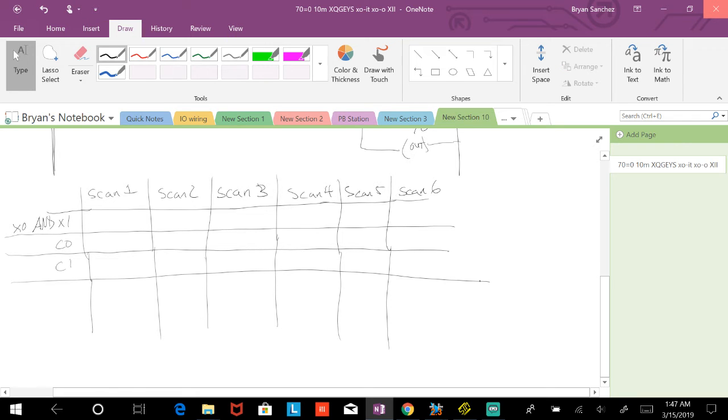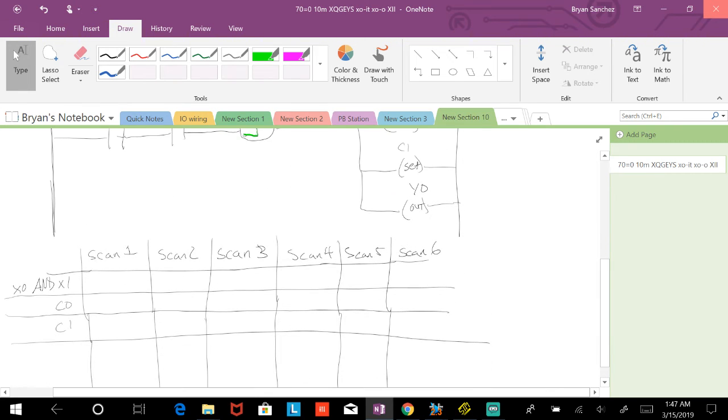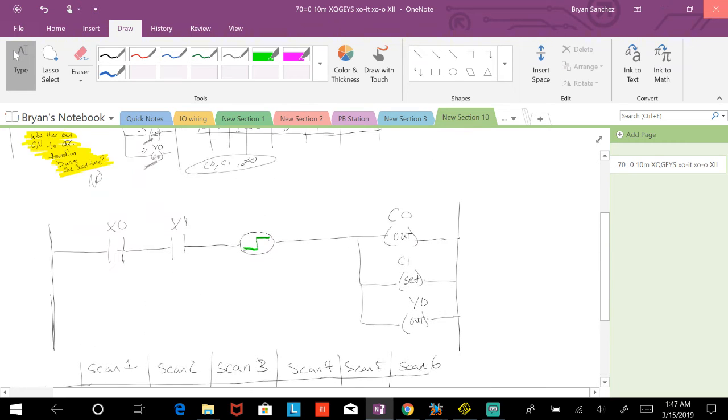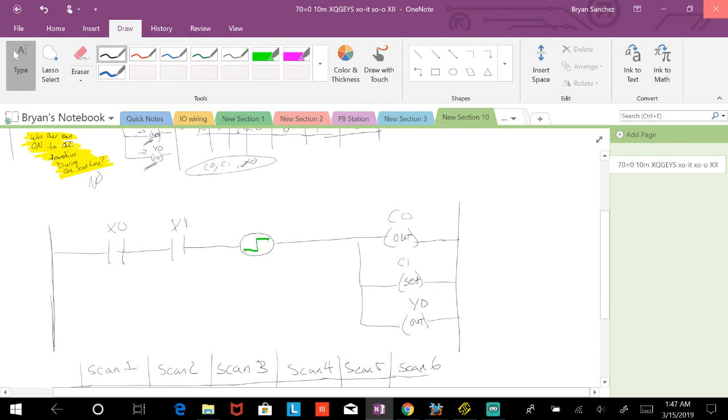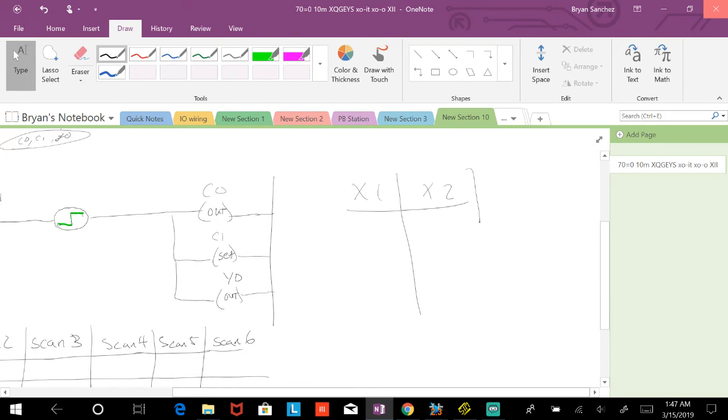Okay, X0 and X1. So let's say X0 and X1 initially were 0, meaning, what are the conditions? X1 and X2: 0, 1, 0, 1, 0, 0, 1, 1.